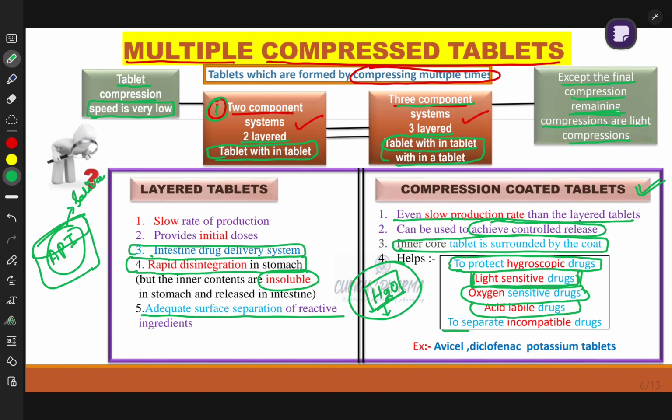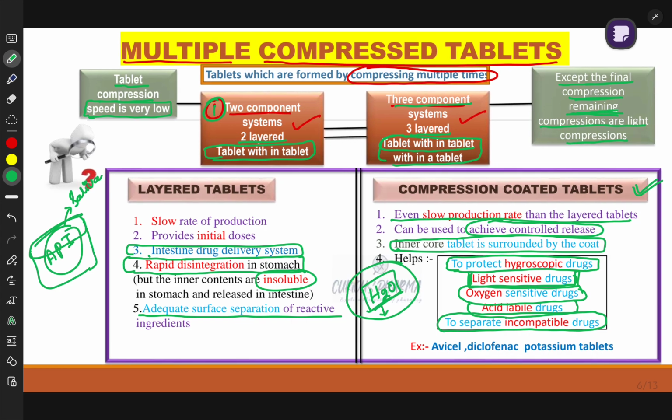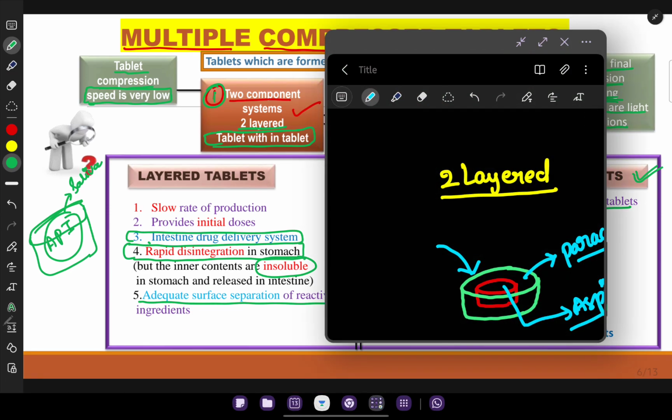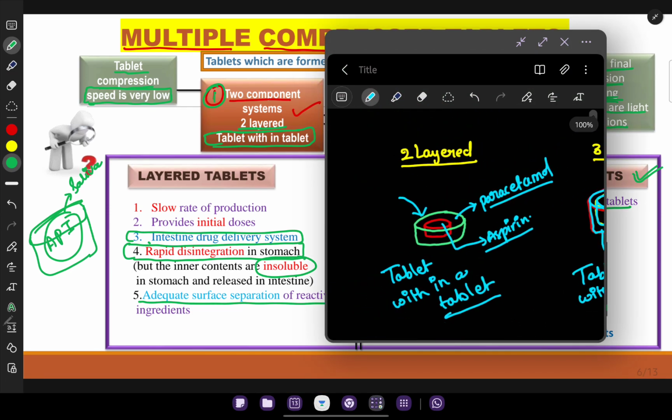And to separate incompatible drugs: if we have to release two or three types of drugs at a time within the same dosage form, we use these multiple compressed tablets. In these tablets, one layer has one type of ingredient, and the second layer has another type of ingredient. See here, two layer tablets.